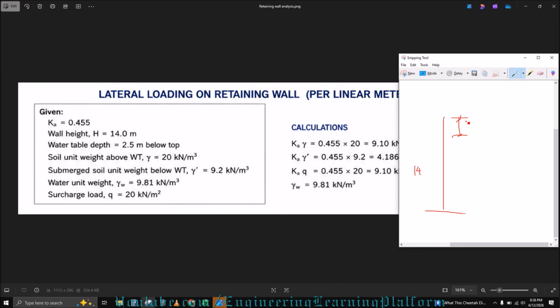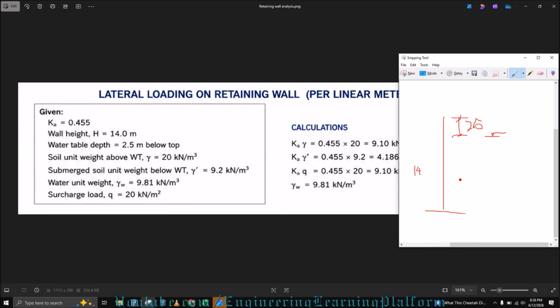Let's say this is 2.5 meters. Sorry for the writing, but you get the idea. The wall height is 14 meters, and the water table is at a depth of 2.5 meters from the top. Now I need the loading on this wall.